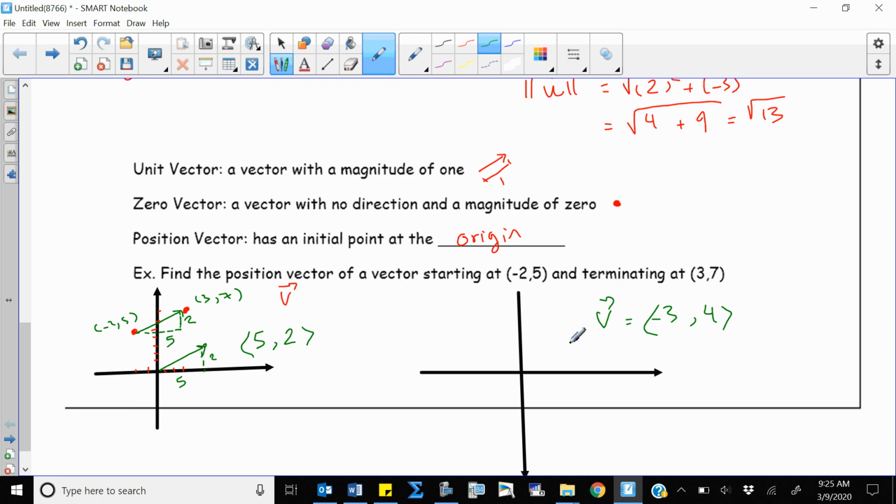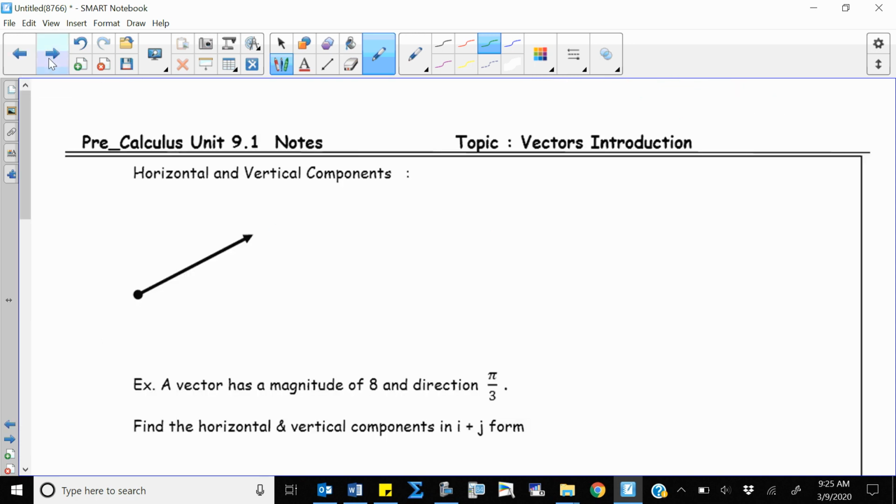So (-3, 4) means I have to go 3 to the left and 4 up to find the terminal point. So starting point is at (0, 0), and the terminal point is here. So this will be the vector. Usually we graph our vectors starting from the origin. Okay, so let's go to the next part.